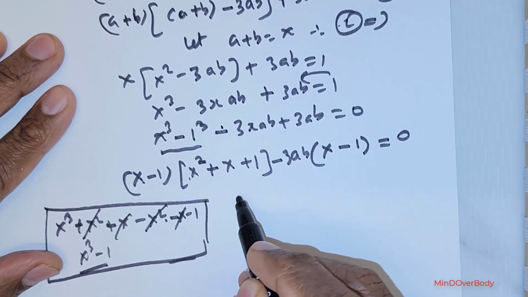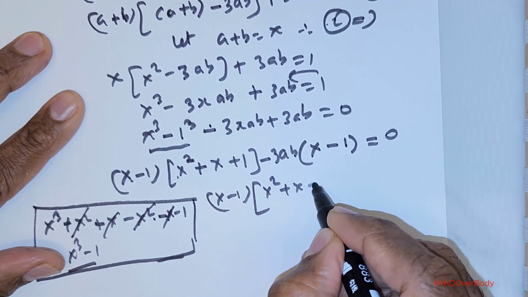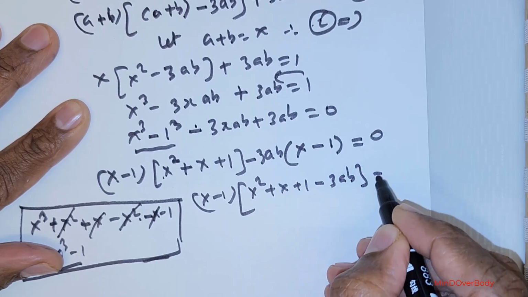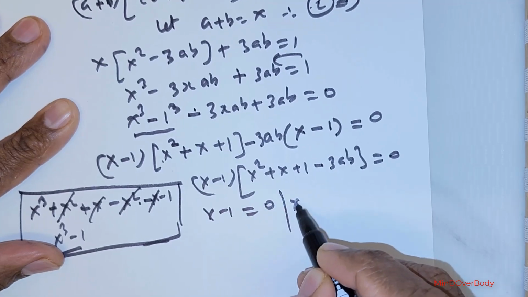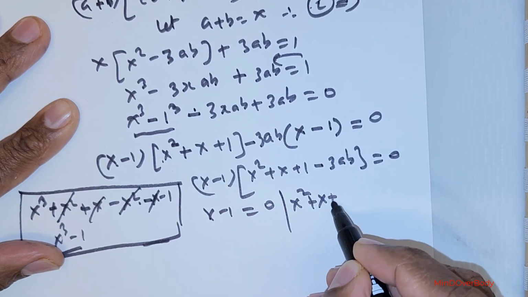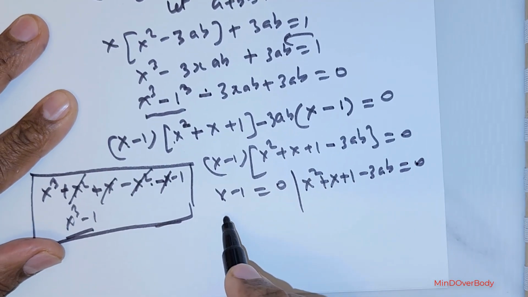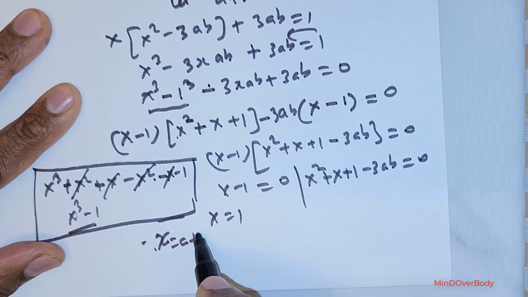So x minus 1 is again common, I can take that out. I will have x squared plus x plus 1 followed by minus 3ab is equal to 0. From here x minus 1 is equal to 0, or x squared plus x plus 1 minus 3ab is equal to 0. Now this means x is equal to 1, but x is equal to a plus b.